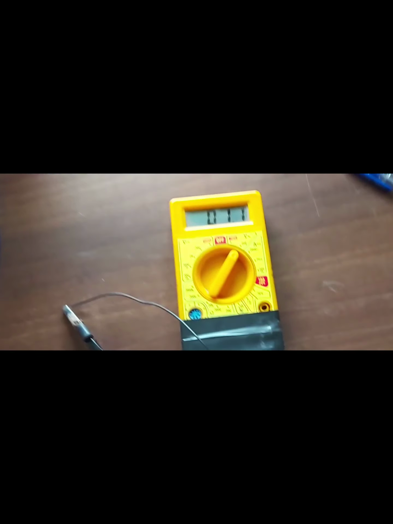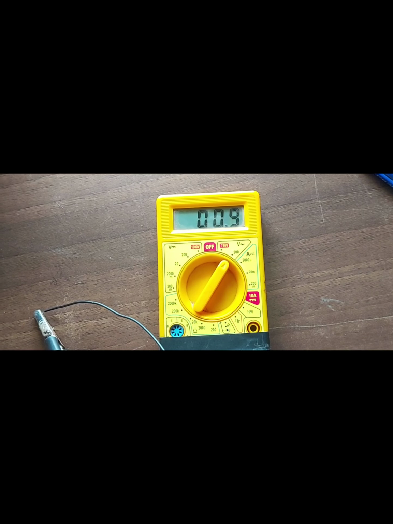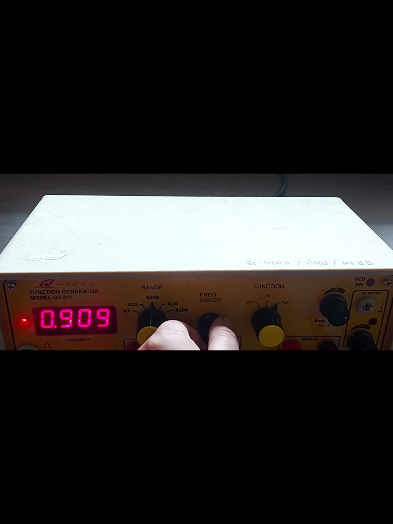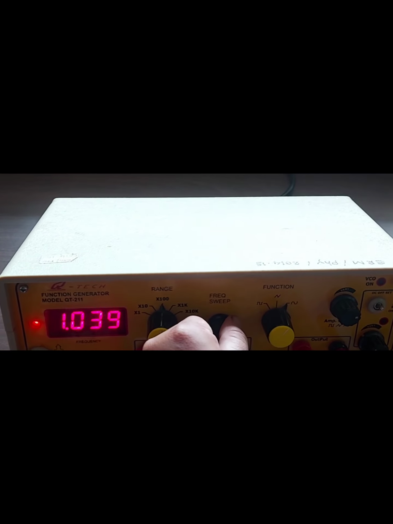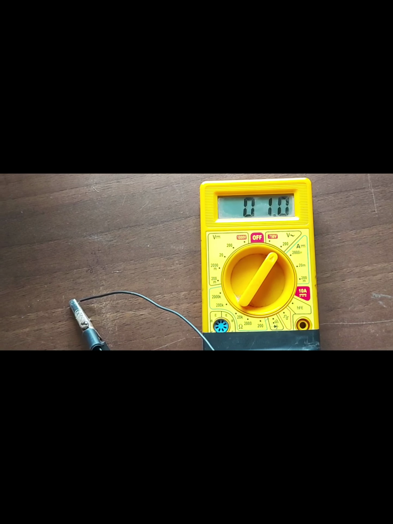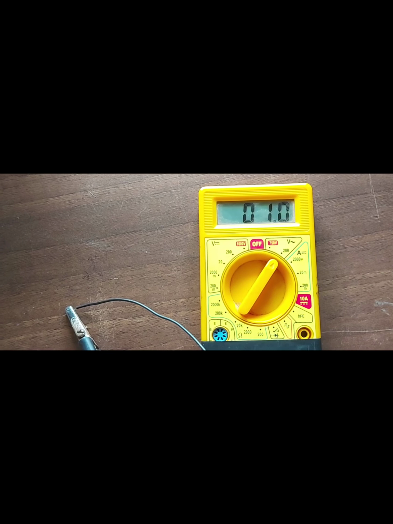For 900, 1.1 volt. This is for 1000. For 1000 again 1.1 volt.